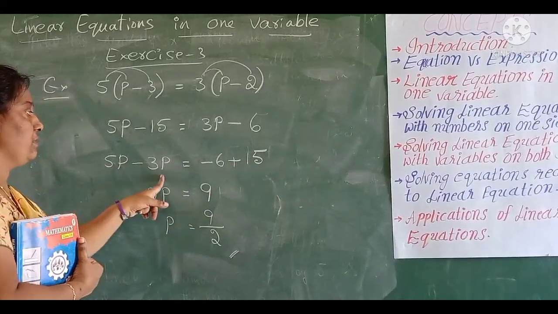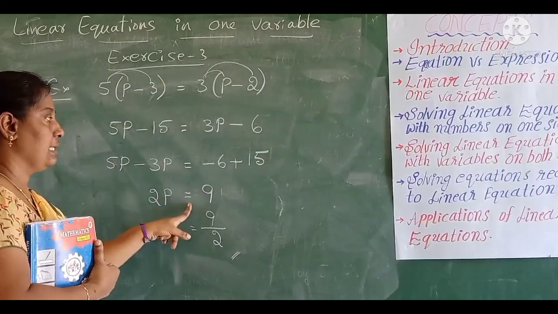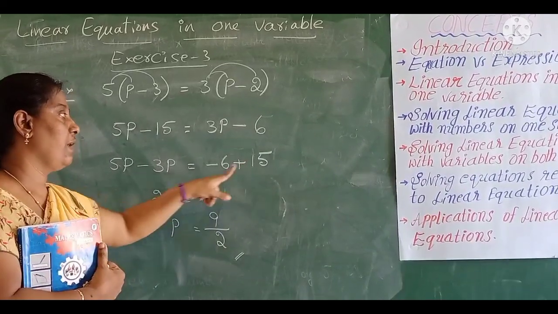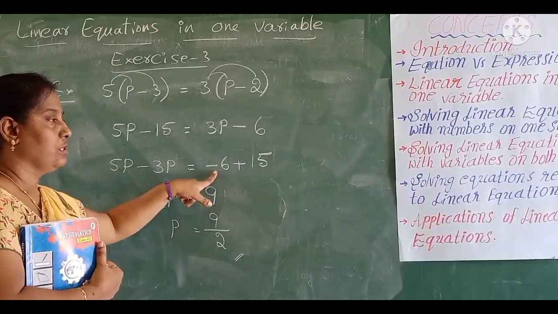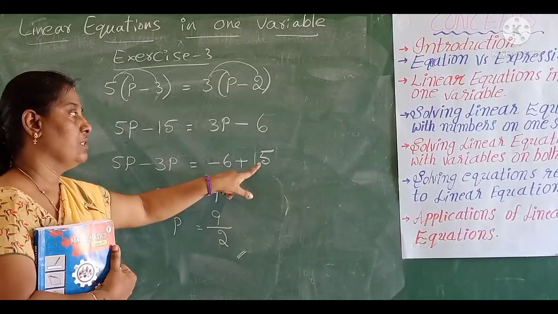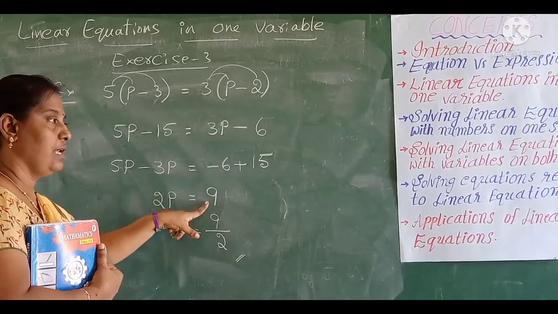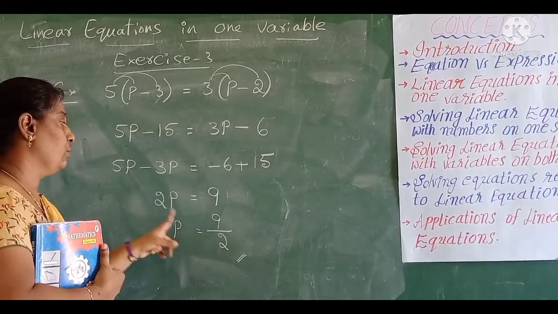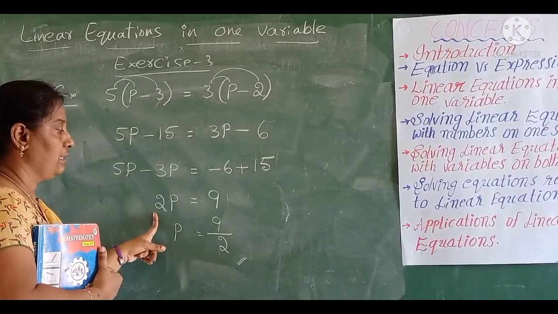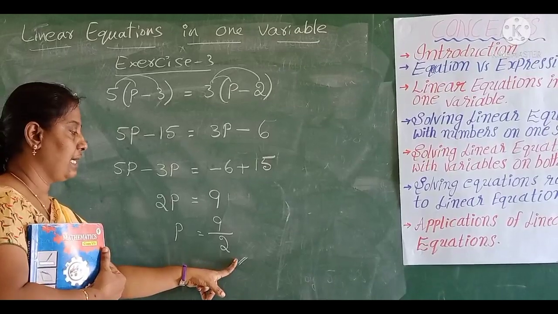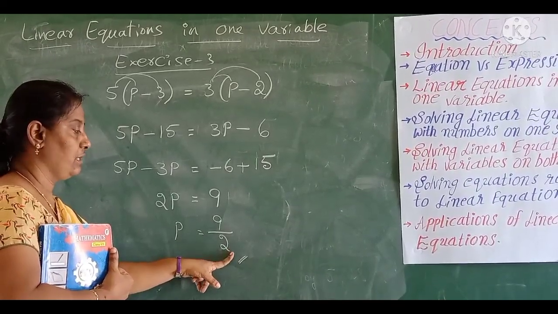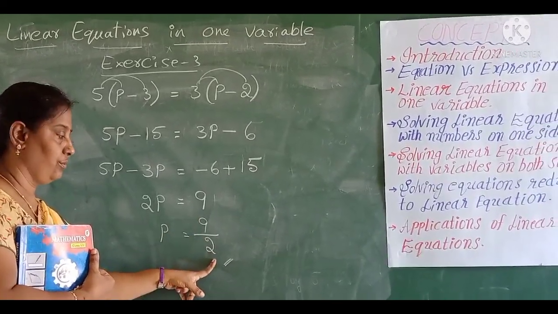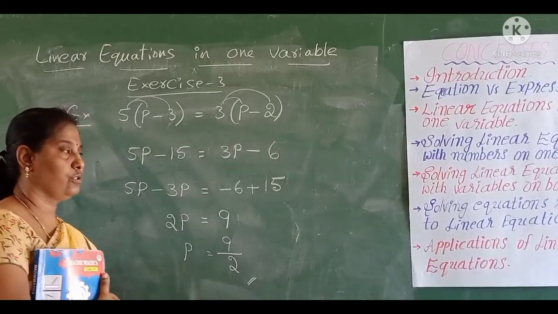So 5p minus 3p is 2p is equal to 15 positive and minus 6 negative. So subtraction will come. 15 minus 6, that is 9. So we have to find only p now. p is multiplied by 2, so it will go to the right side and become division. So 9 by 2. So p is equal to 9 by 2.